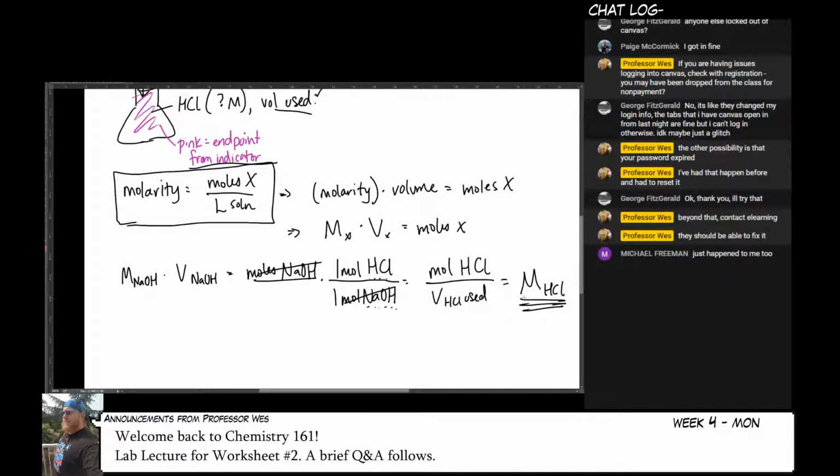So that's the gist of the experiment. Your goal is to start with a known sodium hydroxide concentration and volume, and from that, titrate it with a known amount of HCl, and calculate the molarity of it.